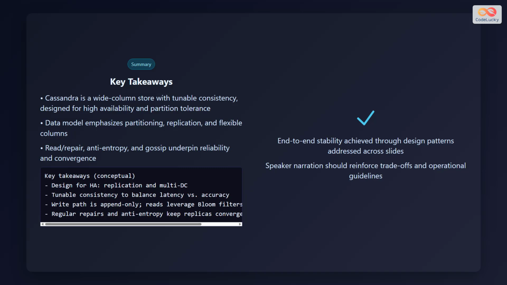Gossip protocol and decentralized architecture eliminate single points of failure. Understanding these components helps you design scalable systems that can handle massive amounts of data while remaining available even during failures. Cassandra's design patterns make it ideal for applications requiring high availability and distributed data management.